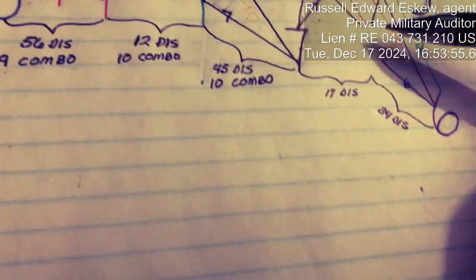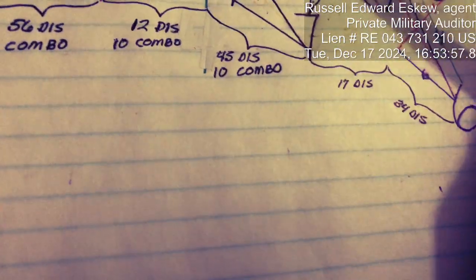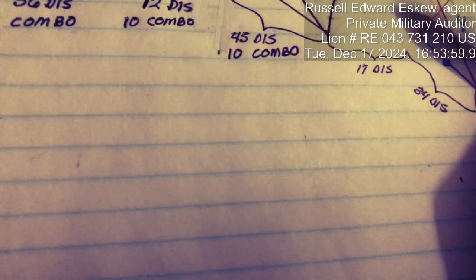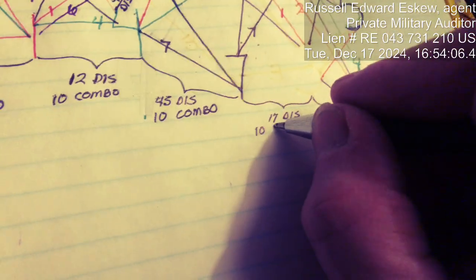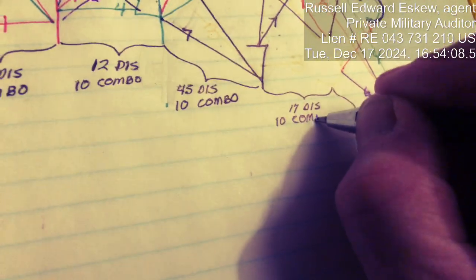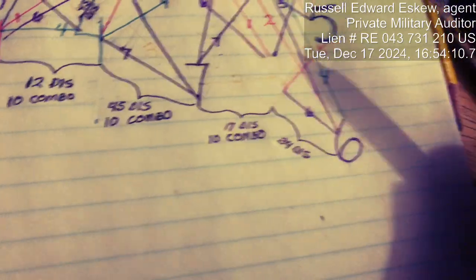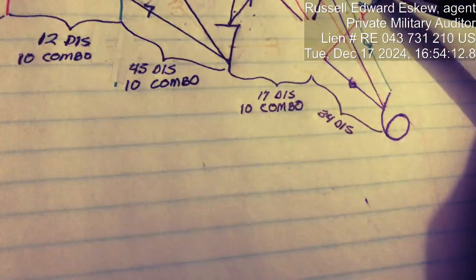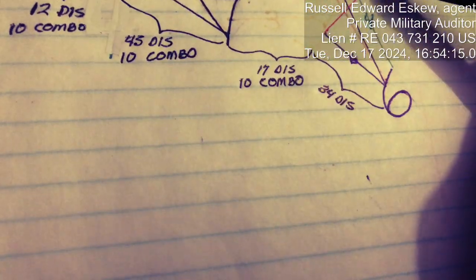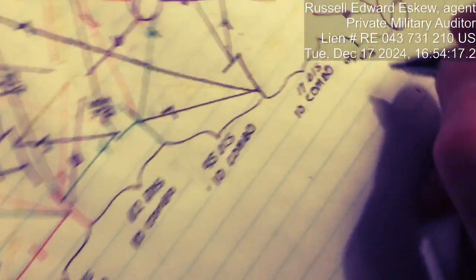And this one here, there's a 3-5 also. So this one's a 10 combo. And then this one over here, here's another 3 to a 5. So this one is also a 10 combo.